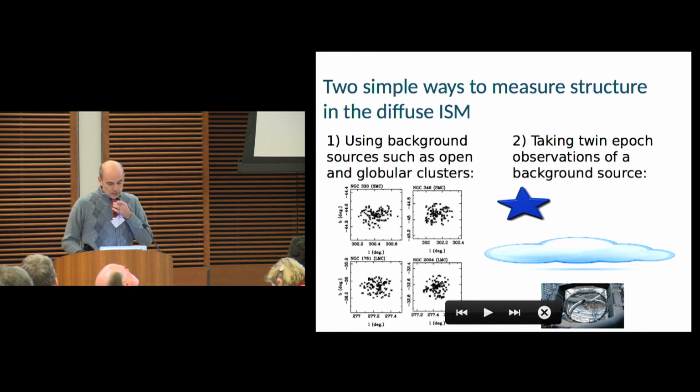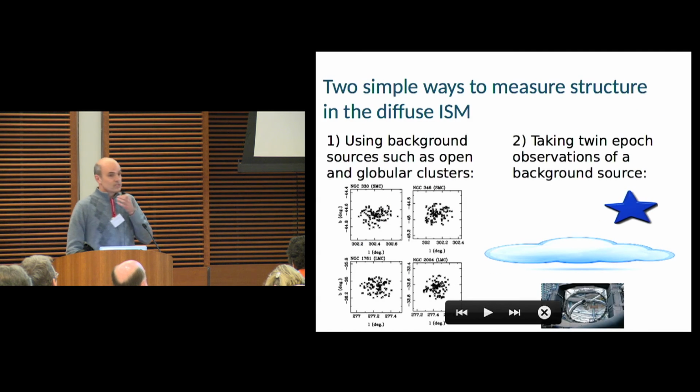The other way we can look for smaller scale structures is we can observe a star, and being very patient people in the interstellar medium, we can wait. We wait for it to move, maybe 5 or 10 years, and then we observe the star again, and we look for time variability in the structure.